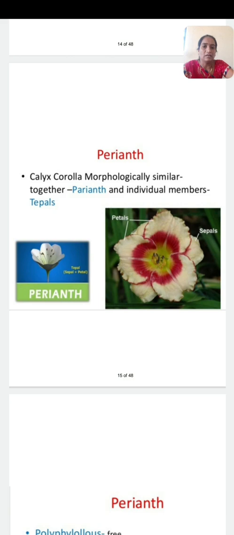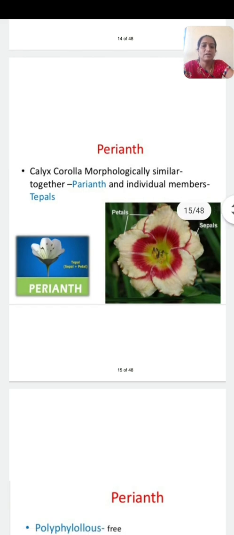Calyx and corolla morphologically similar together are known as perianth, and the individual member is known as tepals. Calyx is known as sepals. Corolla is known as petals. And together when they are united and morphologically similar, they are known as perianth.